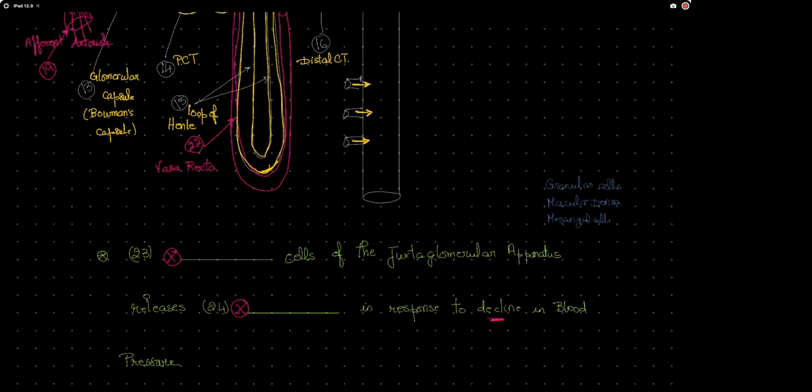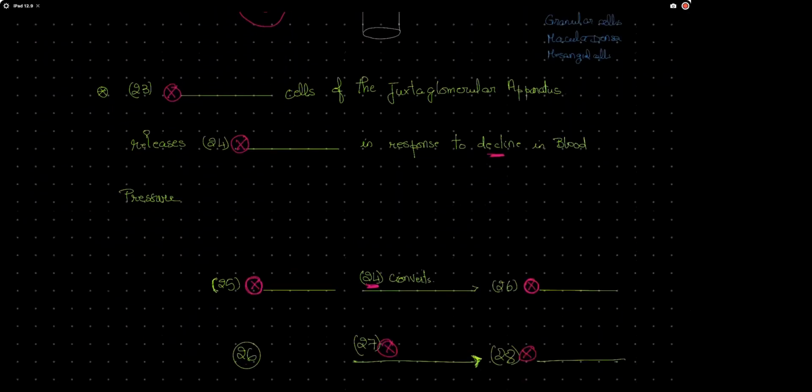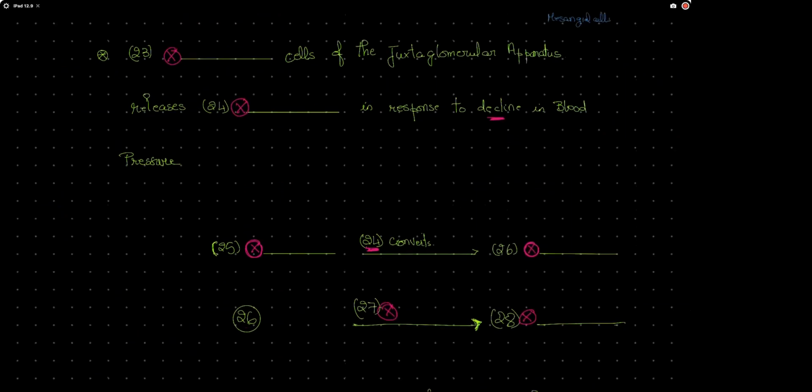All right, so let's check on here question starting from number 23. Here I'm asking about the name of the cells of the juxtaglomerular apparatus and what hormone do they release in response to a decline in the blood pressure.